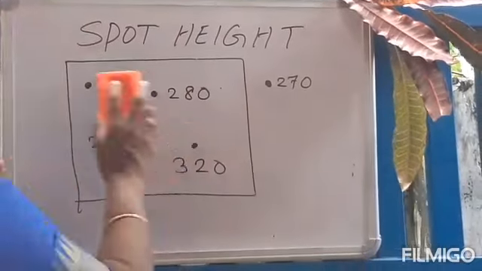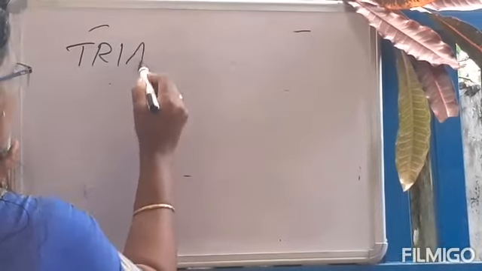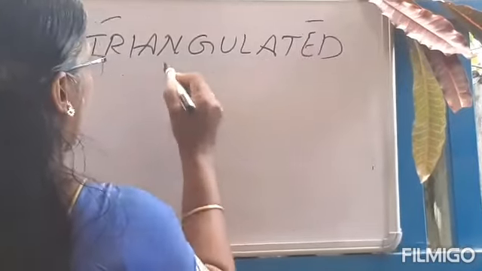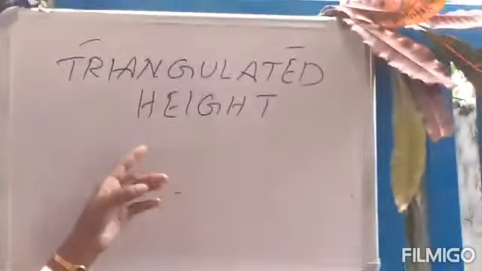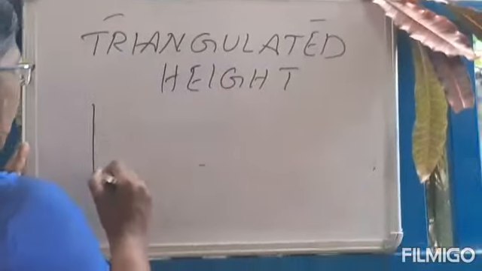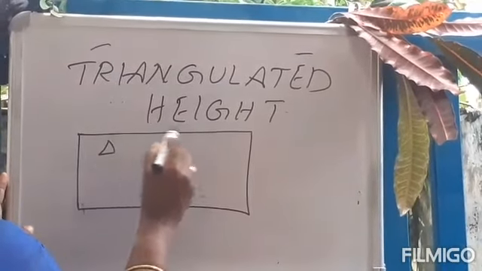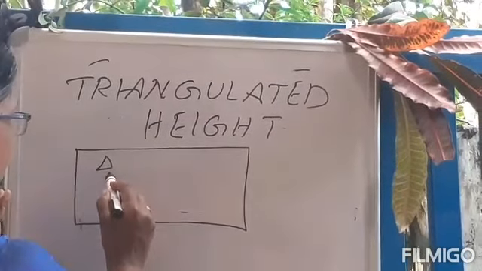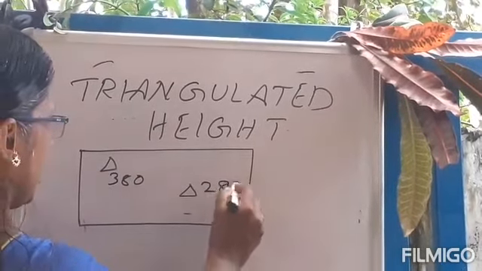Next we can see what triangulated height is. Triangulated height is also one of the methods to show the height of a place. Topographical survey maps show triangulated height in this way: a triangle plus a few digits.